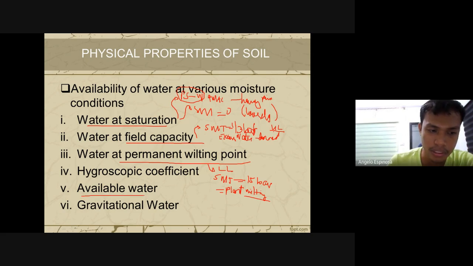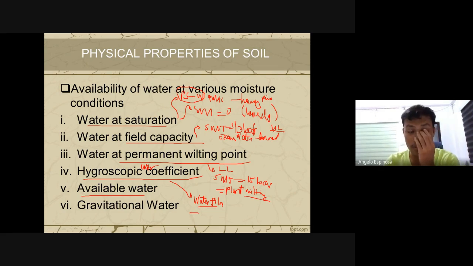Available water naman po, hygroscopic muna tayo. Hygroscopic coefficient or water, it means that the water film at the immediate surface of the soil particle, which is not available for plant use.